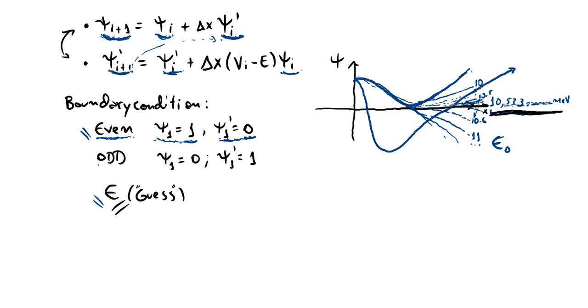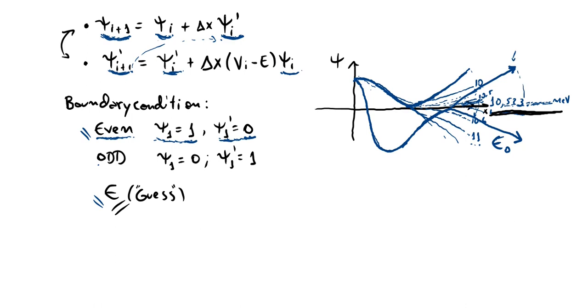So maybe you could go for some energy in between, where you start with a solution that goes like this and diverges down, or you change your energy a little bit and get a wave function that diverges up.